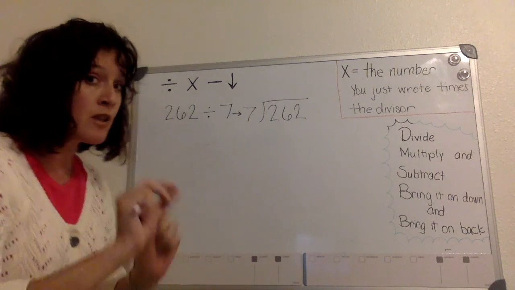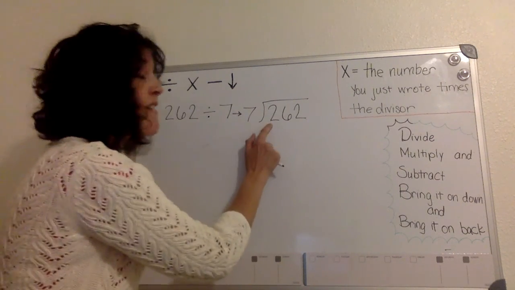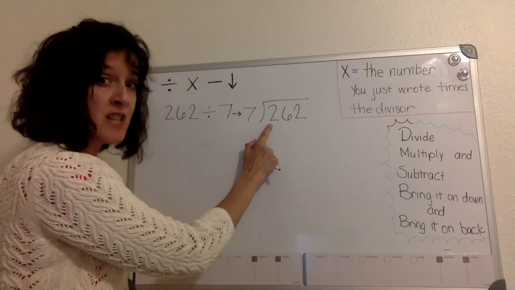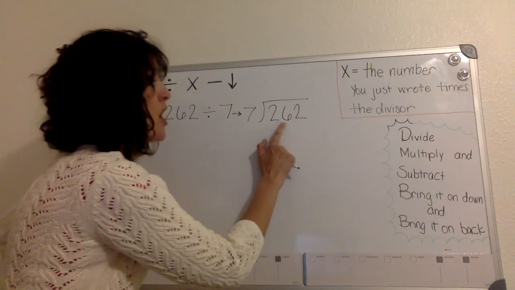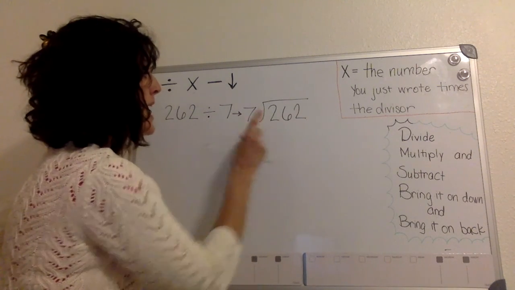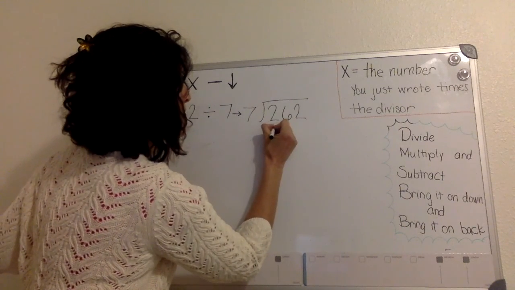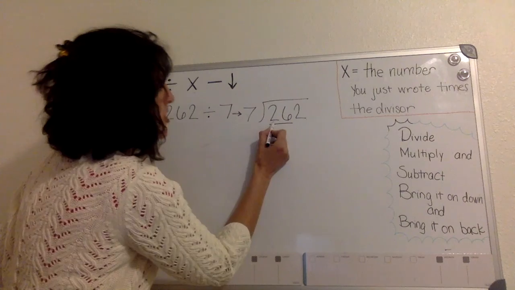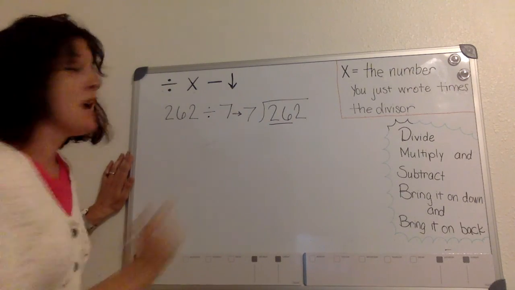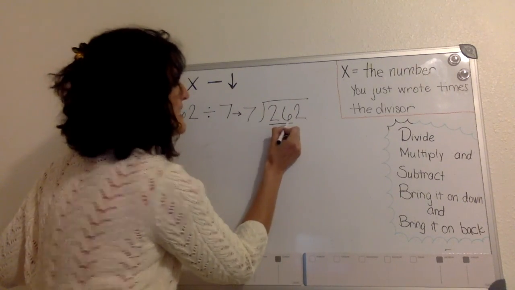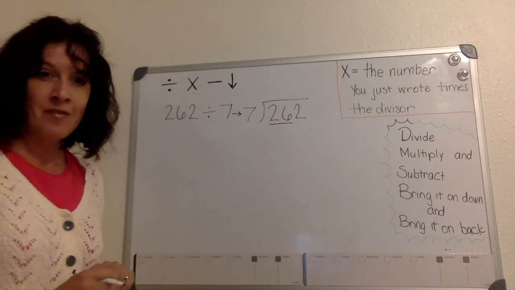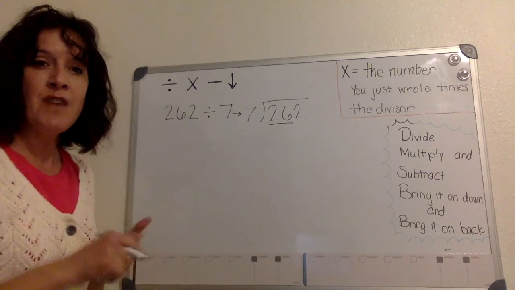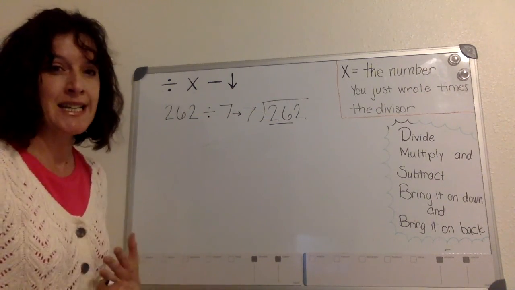Or, let me give you a little shortcut. If this first number does not work, go on to the second number and take this number right here all together. So now instead of 2 divided by 7, I have 26 divided by 7. How many 7s fit into 26?